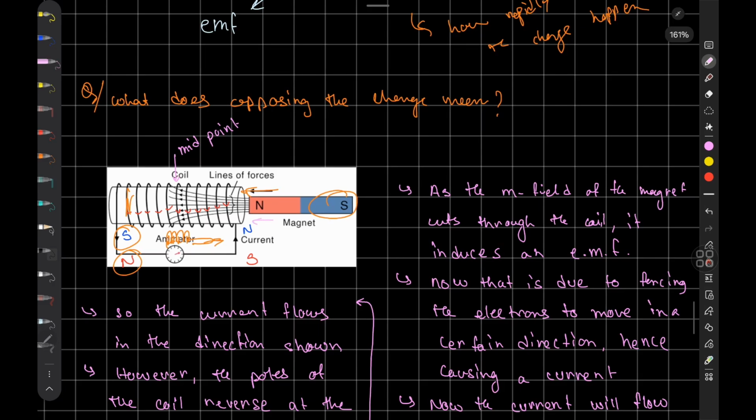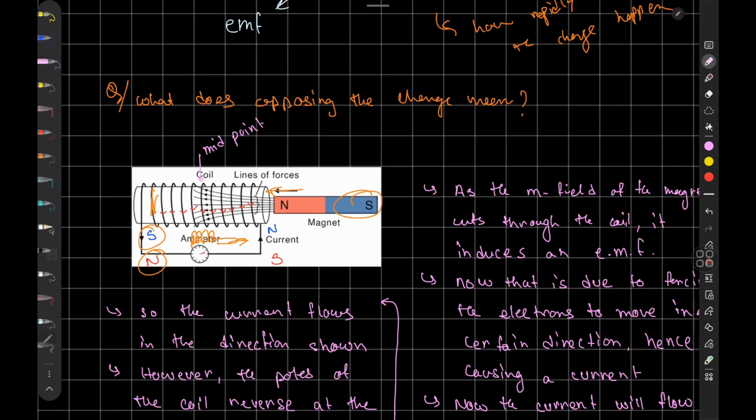So if north is coming in, current will be induced in such a direction that a north pole is created in this end of the coil. Okay, so when the north pole from here leaves, so it looks something like this: north here, south here, and the south is leaving from this end. You know what's created on this end? North pole. Why? Because it wants to attract it.